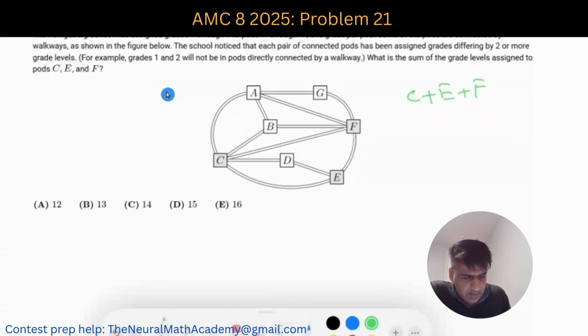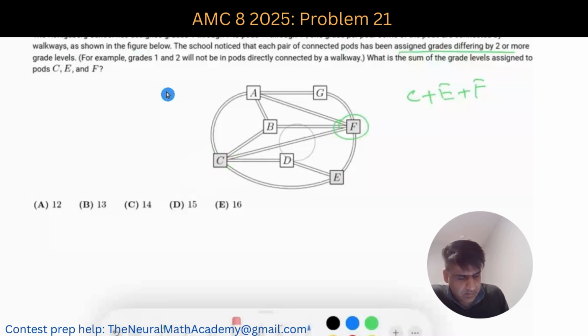So if we look at this diagram or the figure that is given here, in order to satisfy this condition, like each pod differing by 2, we need to see which of the pods are connected to the most other pods. So in this case, we are having C and F. So C is connected to 5 and F is also connected to the 5 other pods.